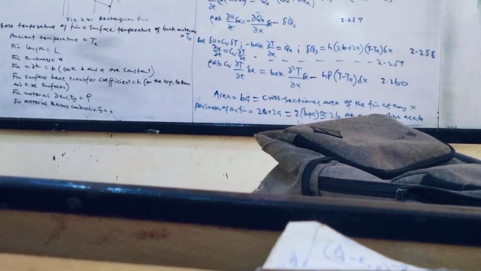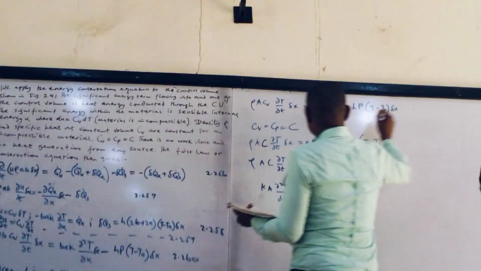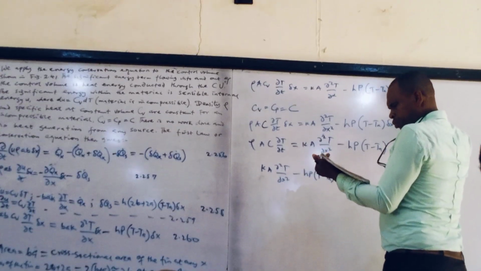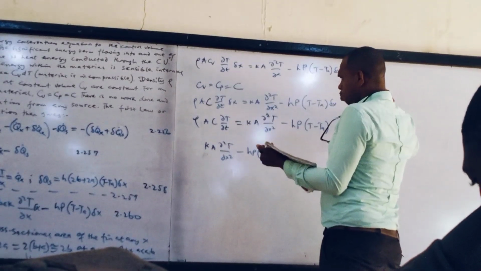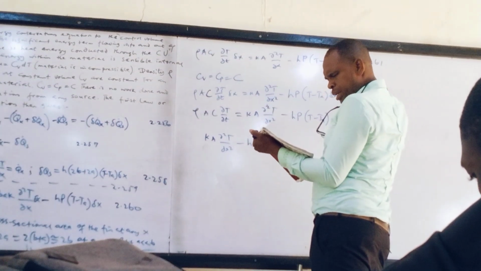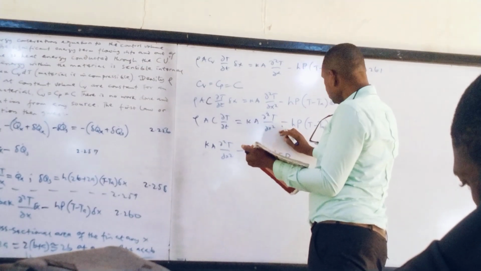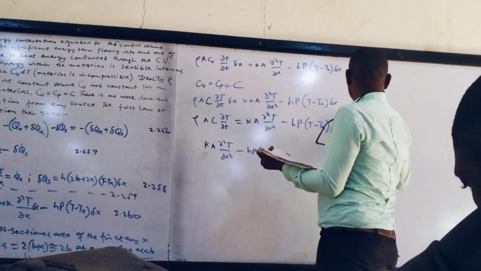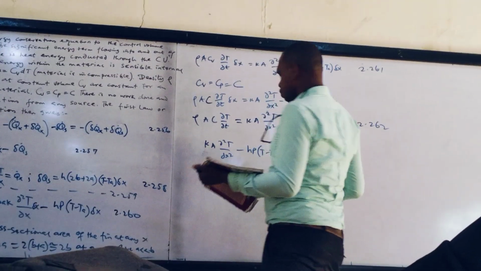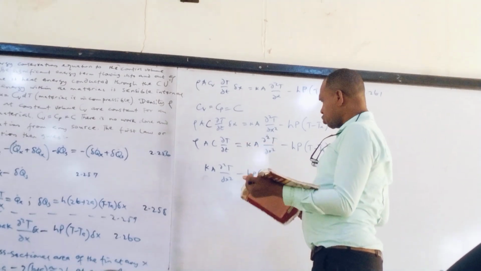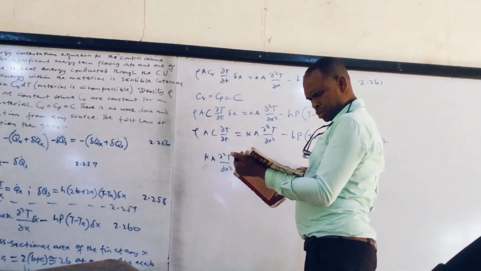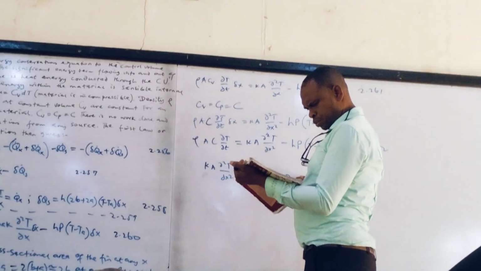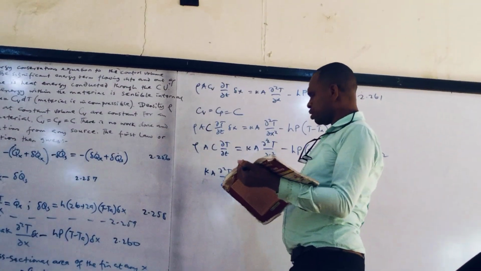So finally, this one becomes 2.261. And this one now becomes 2.262.